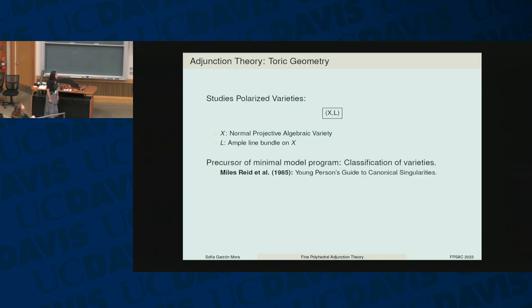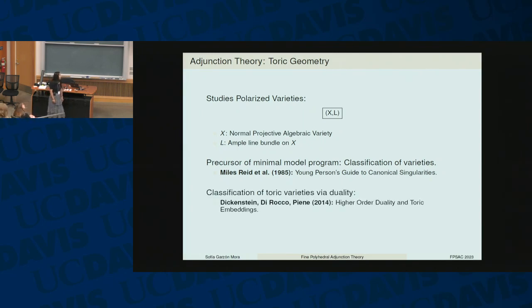So it was already studied in 1985 by Miles Reid and some other authors, and basically as a precursor of the minimal model program, so they aimed at the classification of varieties. But also, a little bit more recently, it's been used to classify toric varieties via duality as well in 2014.